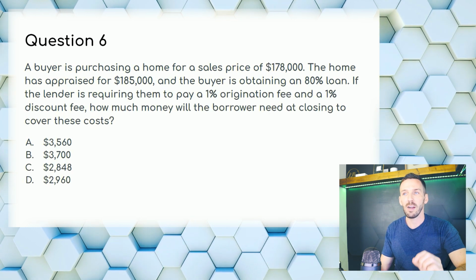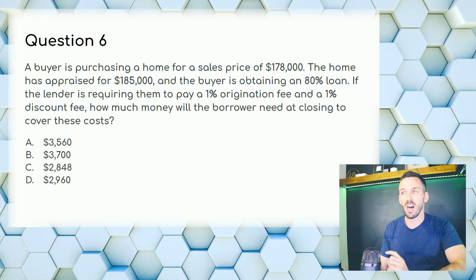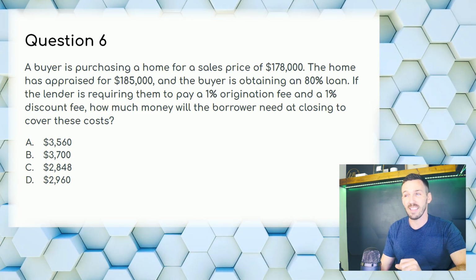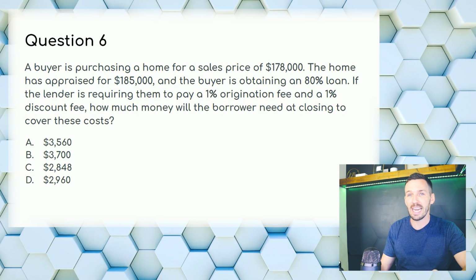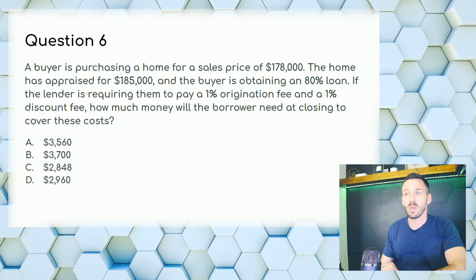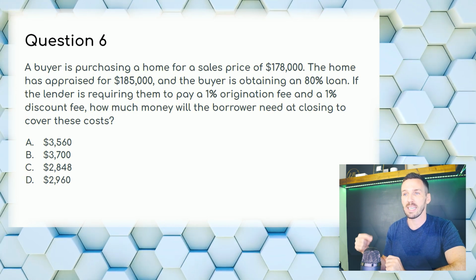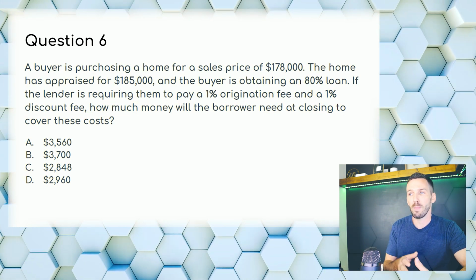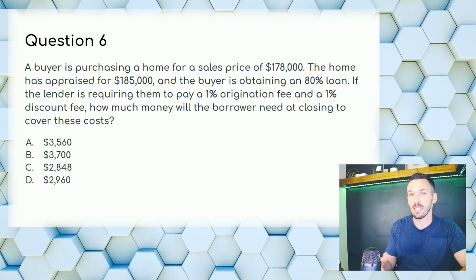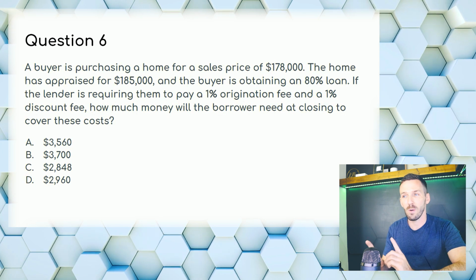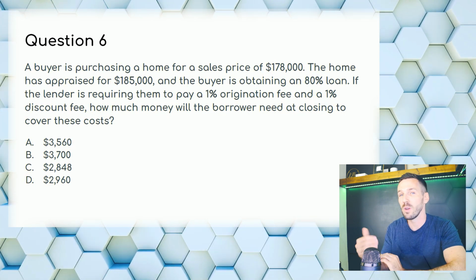Question 6. A buyer is purchasing a home for a sales price of $178,000. The home has appraised for $185,000 and the buyer is obtaining an 80% loan. If the lender is requiring them to pay a 1% origination fee and a 1% discount fee, how much money will the borrower need at closing to cover these costs? So this is simple, although they try to trick you. So as I always say, stay confident because you know this.